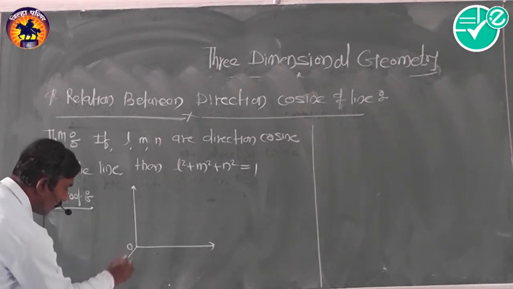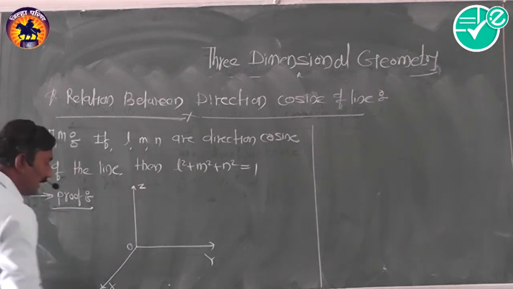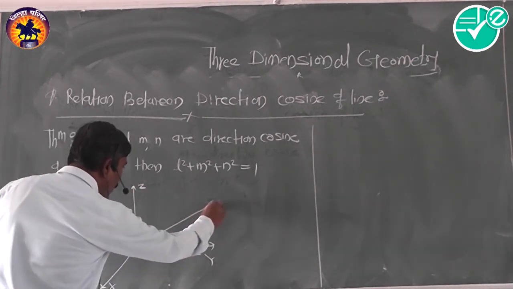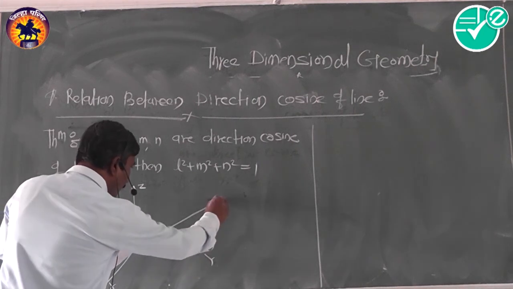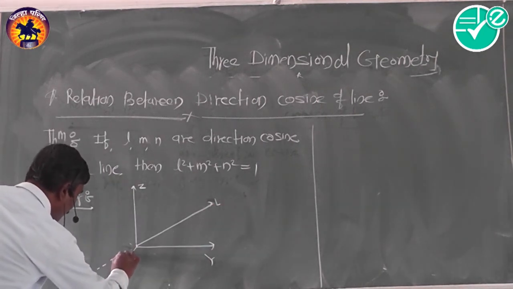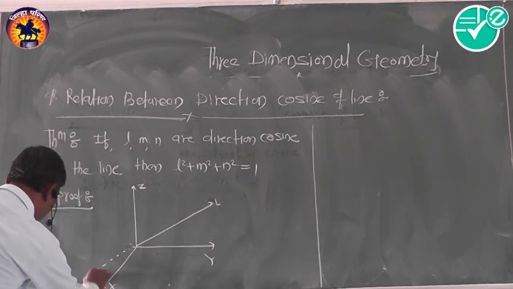Now here origin, x, y, z axis. Now here we draw the line L. This is L dash.